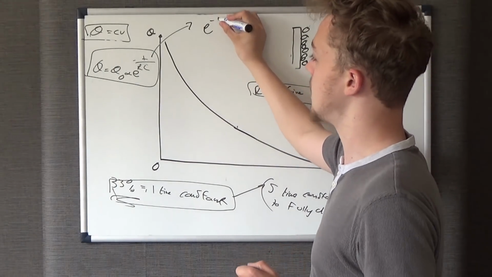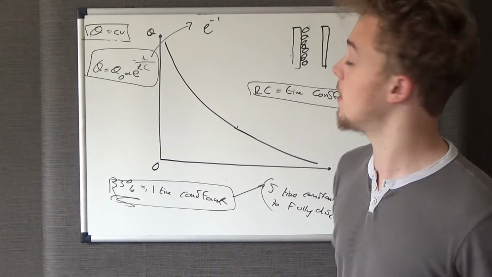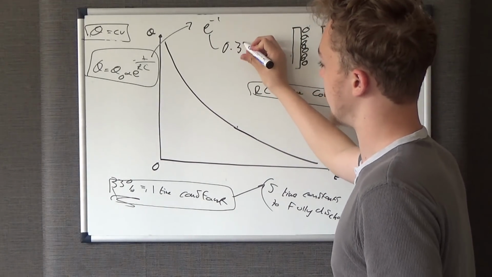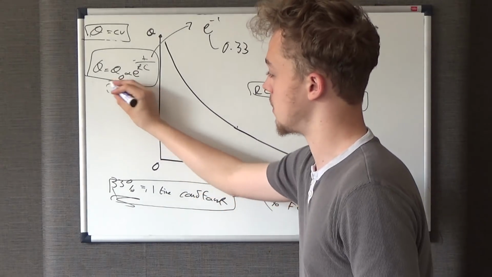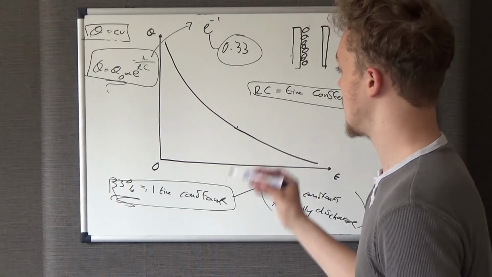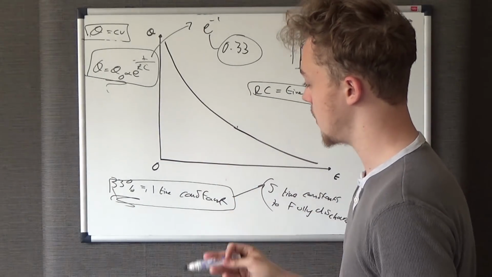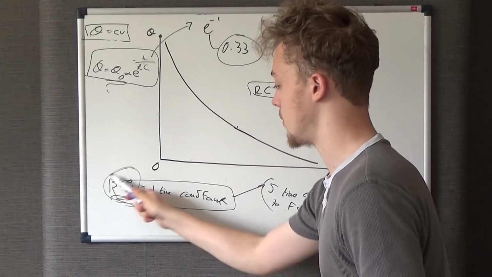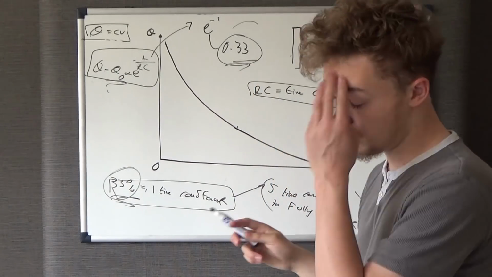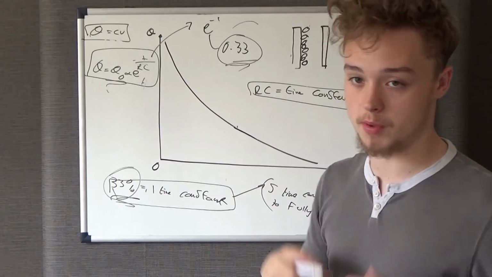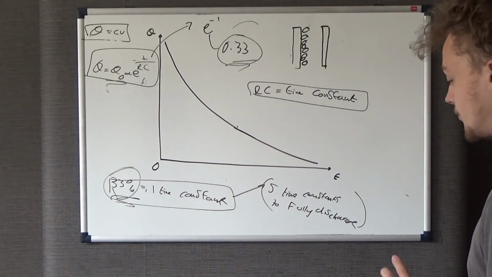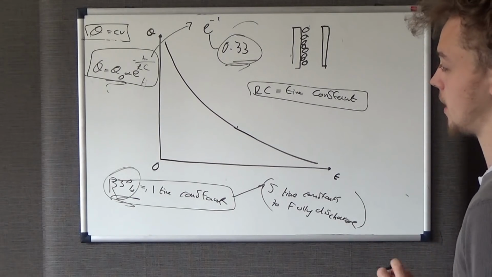In other words, e to the power of minus 1. And if you do e to the power of minus 1 in your calculator, you get 0.33. What you're doing there is timesing Q by 0.33. So when the time is equal to the time constant, 33% of the charge is gone. Obviously this is exponential, so it's not going to be a simple ratio. So that's why we can follow this curve. Hopefully that makes sense.